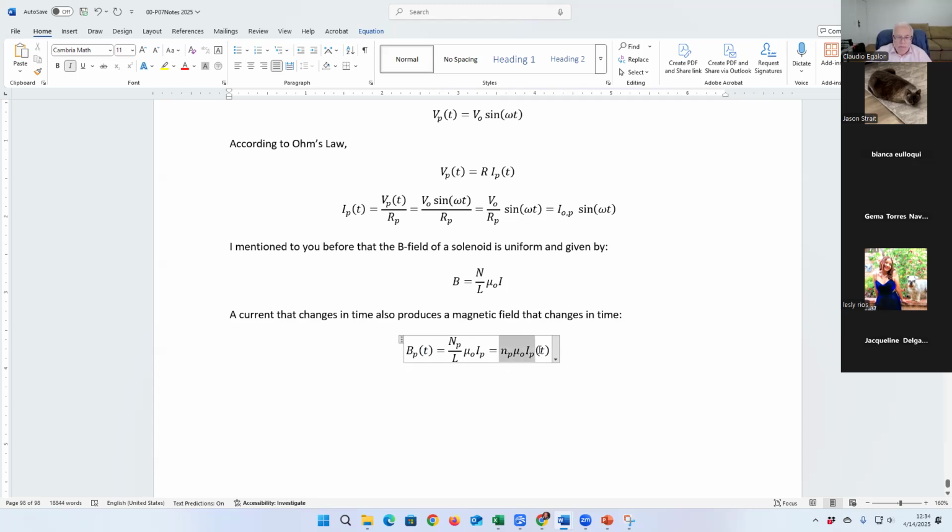And we found that this current is going to be given by this thing here, where this is a constant and the time dependence is the one that you see right in there, in the sine.